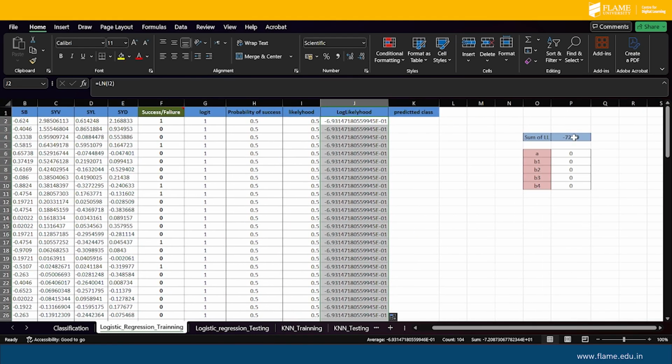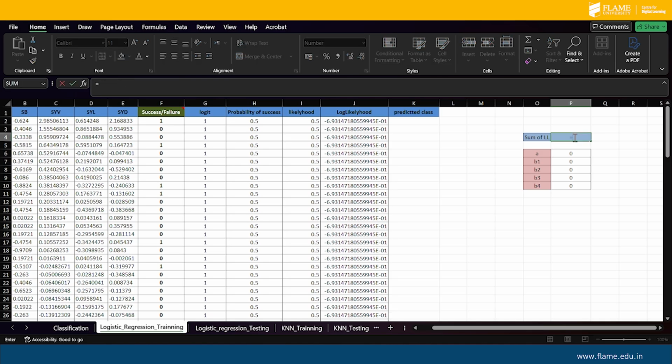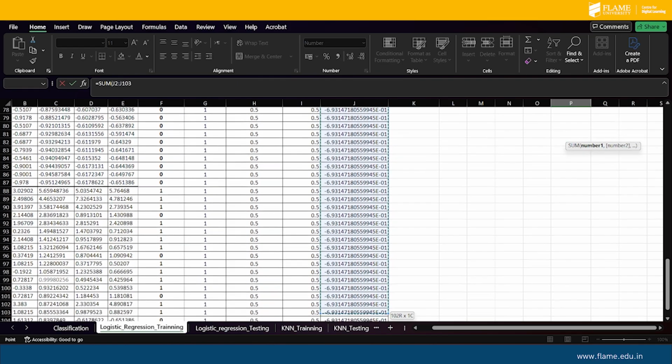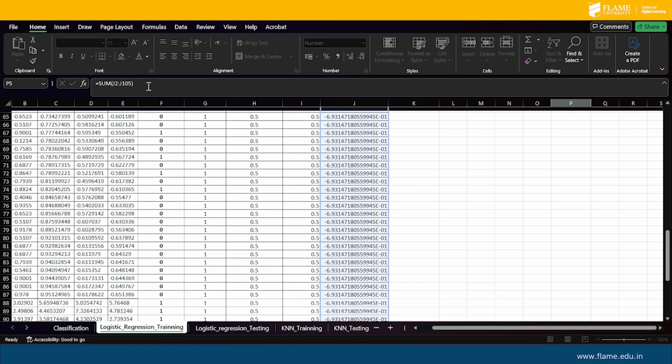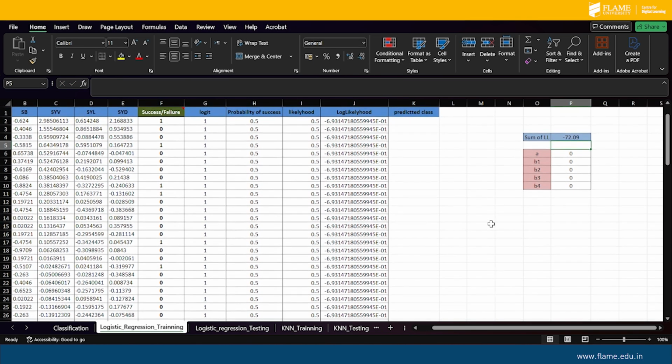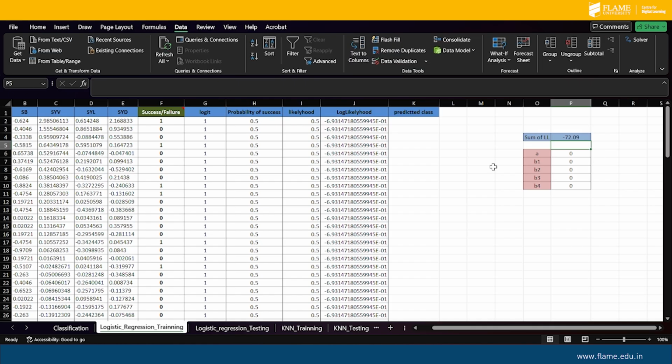So, already I have created this thing. So, if I put sum for this entire column J, you can find the value is minus 72.09.